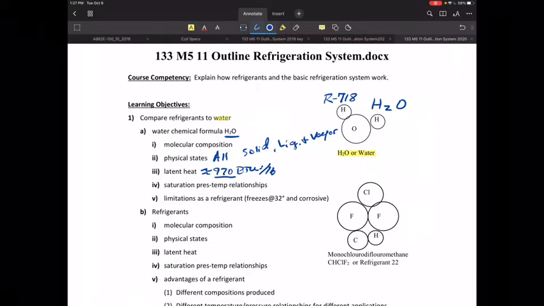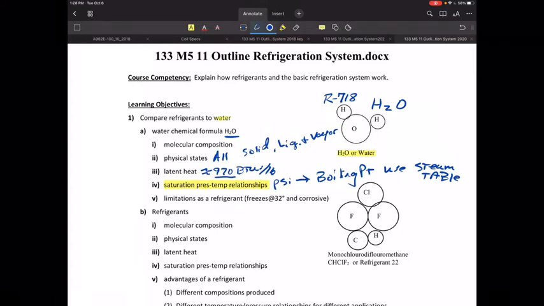The saturation pressure temperature relationship that we see here is very much like what you did in the previous one, where you find out what the pressure is, and then you find out what the boiling point would be from there. So we basically used what we call a steam table, and that's what you did in the previous module. So it's pretty straightforward to find out what that temperature pressure relationship is.